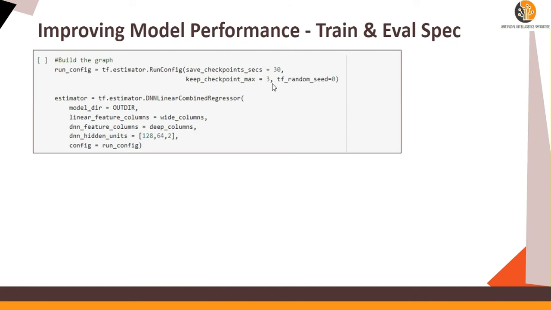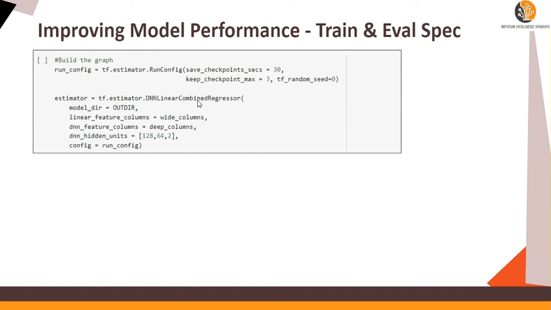Next I have DNN linear combined regressor. Please understand that during the feature engineering we defined the wide columns and the deep columns. The wide columns meaning the sparsely populated columns, and deep columns meaning densely populated columns.